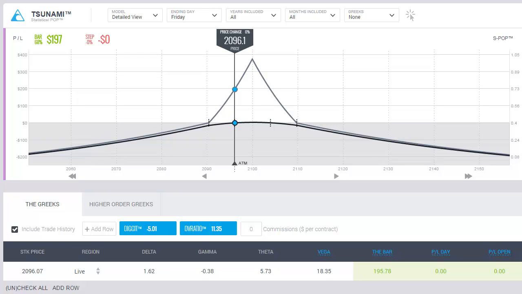And again, the lesson here is you really have to thoroughly understand the margins, understand what could happen, understand your position sizing, understand how Vega works, how Vomma works, how Vanna works, how volatility and price correlations work, and understand how to create trades that actually work with volatility instead of against volatility.